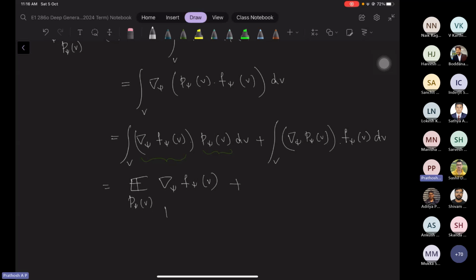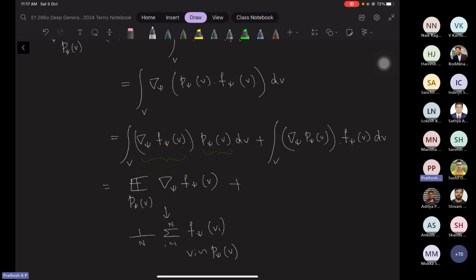The first term can now be approximated using 1 over n, sum from 1 through n, of the function at Vi, where Vi is coming from p psi of V. This is again the law of large numbers.